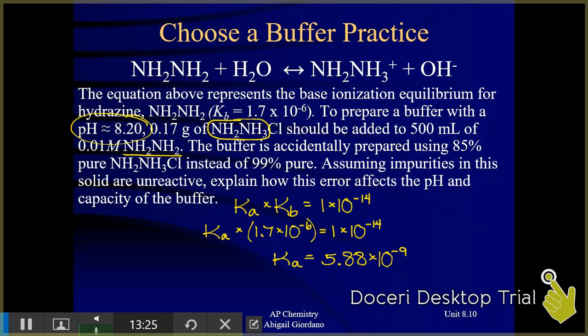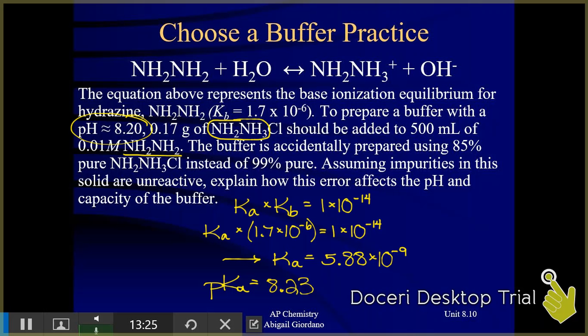If I take the negative log of this Ka, that's going to give me my pKa, and that gives me this. pKa equals 8.23. I'm just showing you further why that statement on the previous slide is correct.